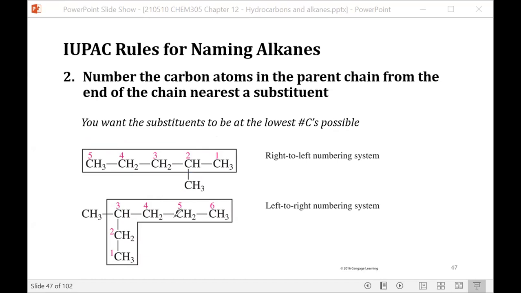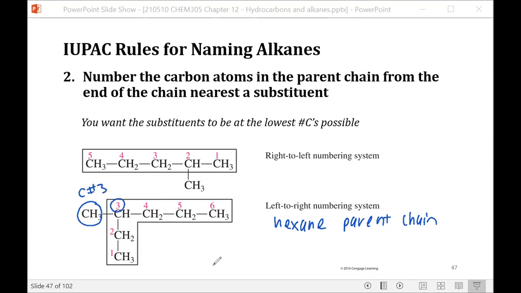Down below, on our hexane parent chain, we get the substituent at the lowest numbered carbon if we start down here and go 1, 2, 3, 4, 5, 6, so that our substituent is at carbon number 3.